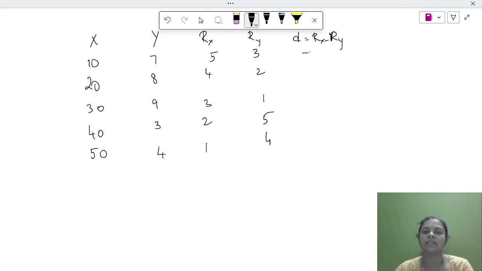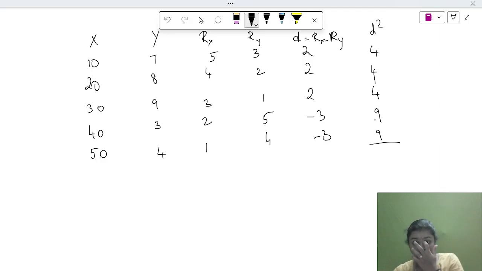So 5 minus 3, 2. 4 minus 2, 2. 3 minus 1, 2. 2 minus 5, minus 3 and minus 3. And d square is the square of differences in the ranks: 4, 4, 4, 9 and 9. Total 12 plus 18, 30.